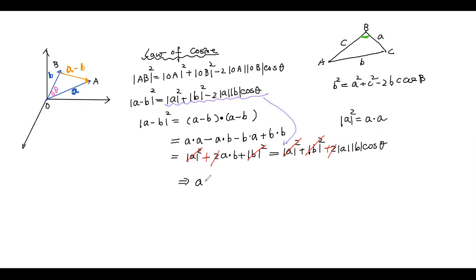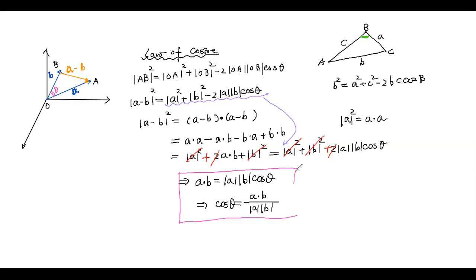So we have A dot B is equal to the length of A times the length of B times cosine theta, or you can say cosine theta is equal to A dot B divided by the length of A times the length of B. Like we said, this is a first super important formula.